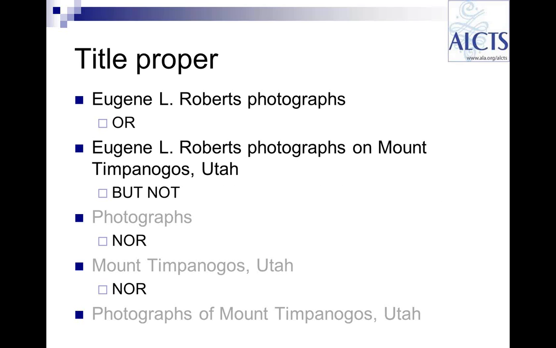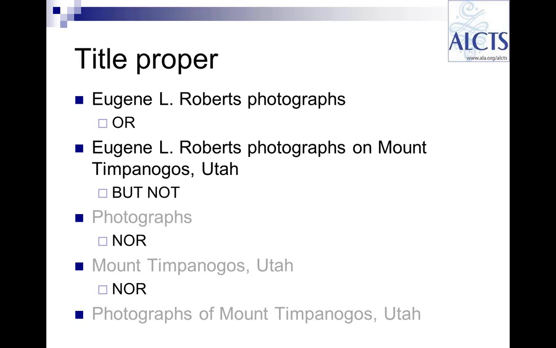So looking back at those examples again now, according to the DACS rules in DACS 2.3, that first example has the required elements of the creator and the type of material. Or you could have that longer string with the name, the type of material, and the subject.